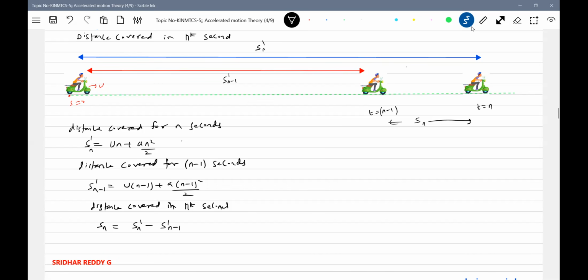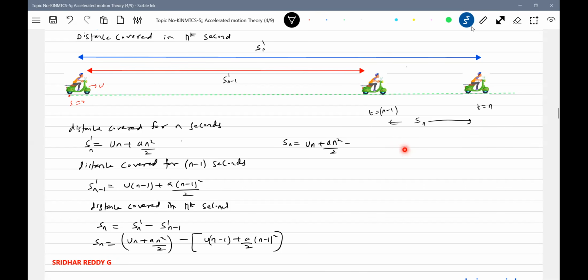So let's take the difference of these two. Sn dash is equal to un plus an square by 2, minus of u into n minus 1, plus a by 2.